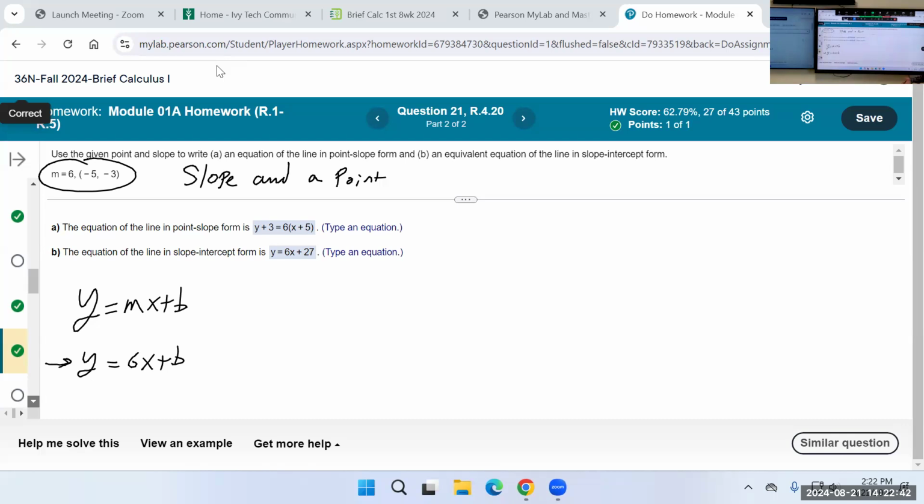So I'll replace the x and the y with the point and then solve for the y-intercept. So I'm gonna plug in -5, -3 into my y equals mx plus b to find -3 equals 6 times -5 plus b, and now I can solve for b.